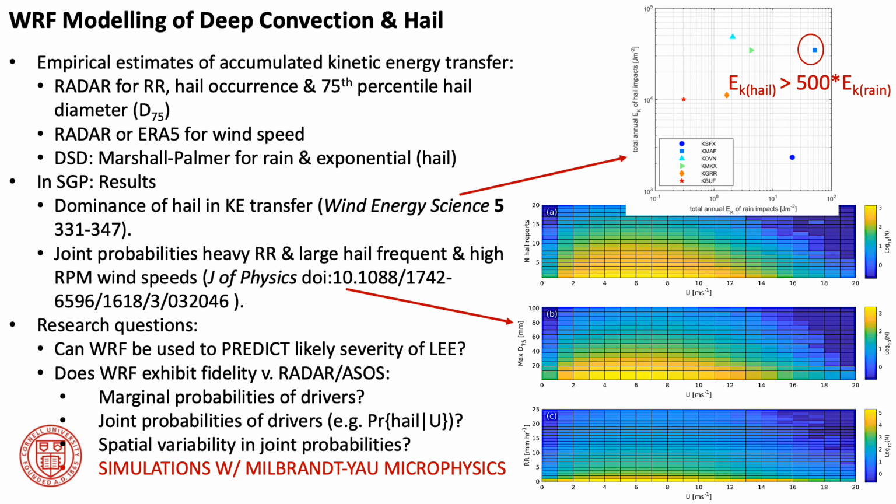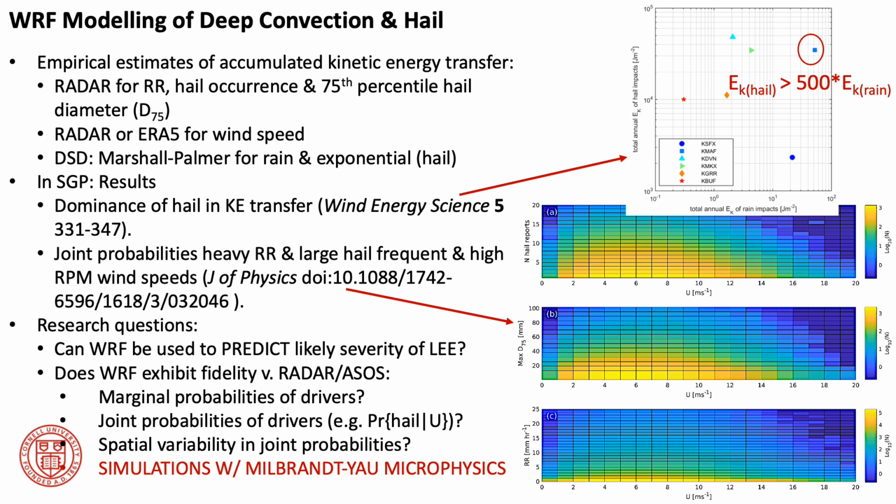So our research questions are, can WRF be used to predict the likely severity of leading edge erosion so that a wind farm developer can decide whether to add additional protective measures or can choose to operate the wind turbines to avoid this damage.